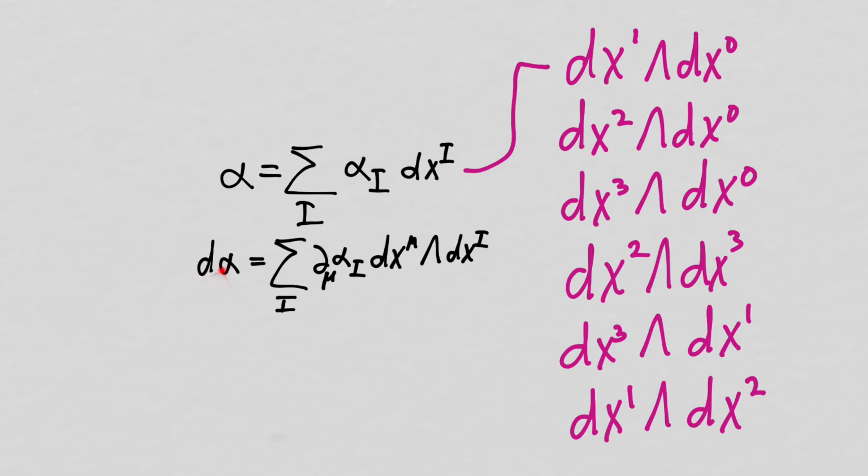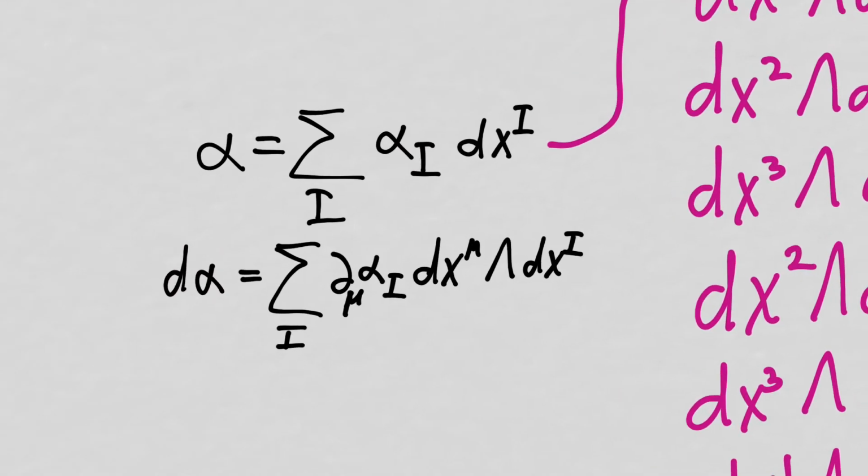So the exterior derivative of alpha is the sum over these indices, but then there's this internal sum also, right? And this internal sum goes over the index 0, 1, 2, and 3. The 0 part, that's the time part. So you're always wedging whatever piece of the sum you're doing into this multi-index.